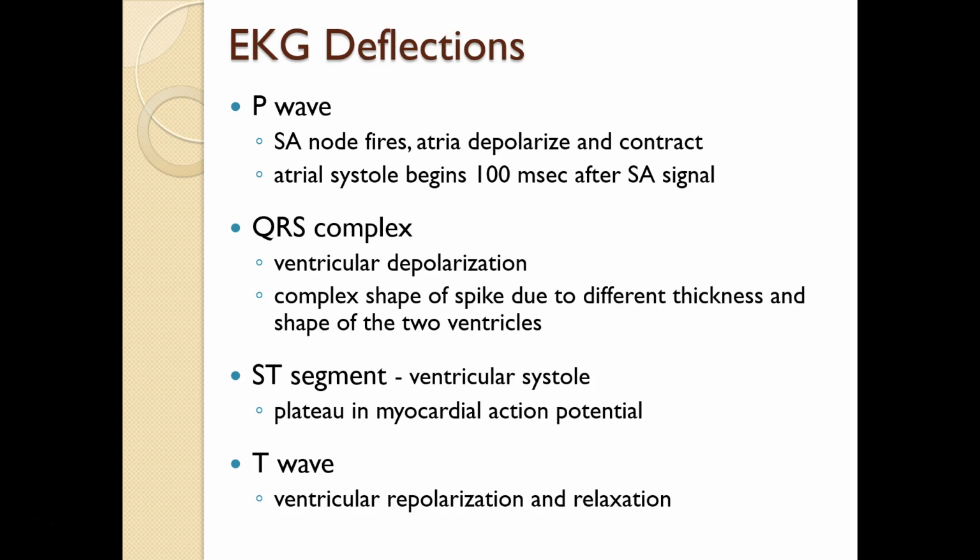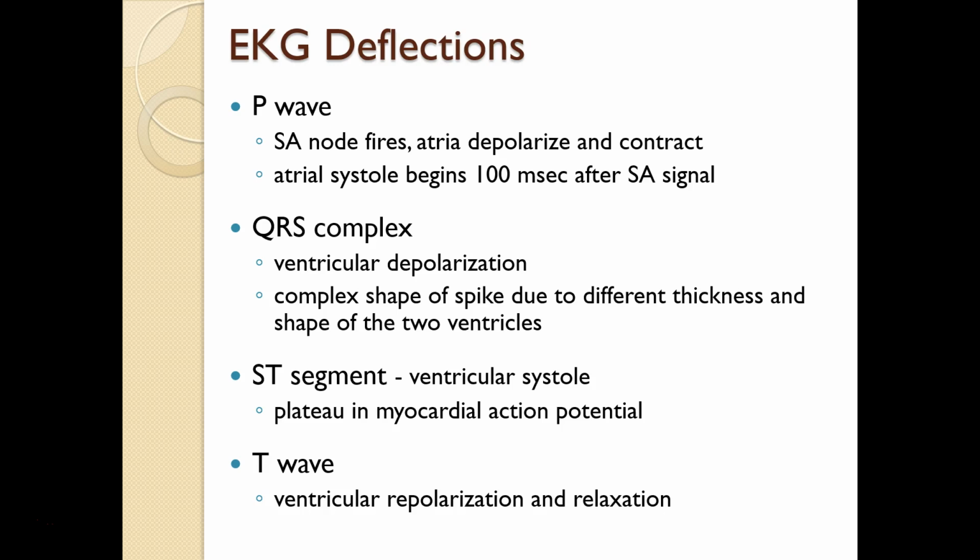If you look in the book, I don't really ask you about the specifics of the action potentials of the heart, but the action potentials of the heart include calcium. In the nervous system, you had sodium and potassium, but calcium is also included when we talk about action potentials of the heart. And the calcium causes a plateau. So it's not a spike action potential like that. It goes up and then kind of plateaus and then comes back down.